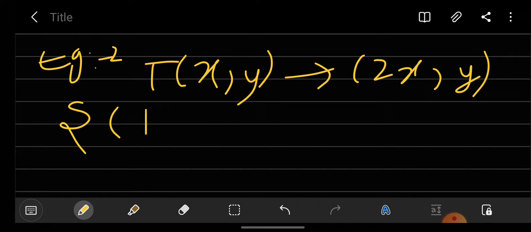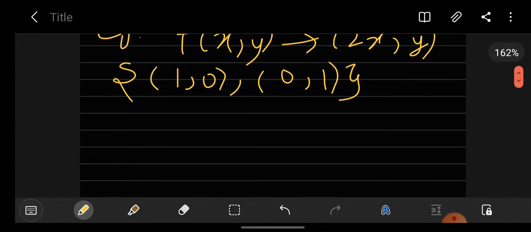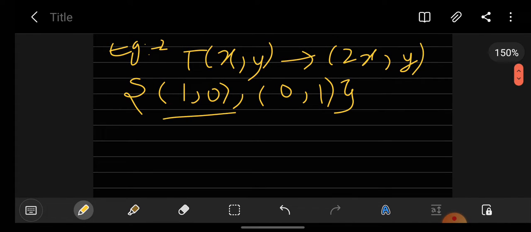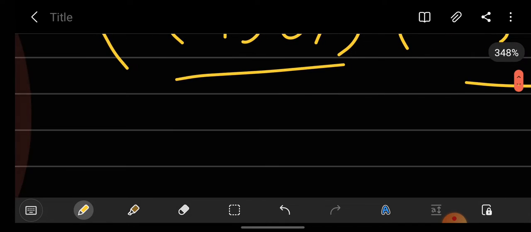Always remember that whenever you solve this type of question, they already give you a basis. What you have to do now is very easy. You just put these values in for x, y and you get the corresponding (2x, y) value.